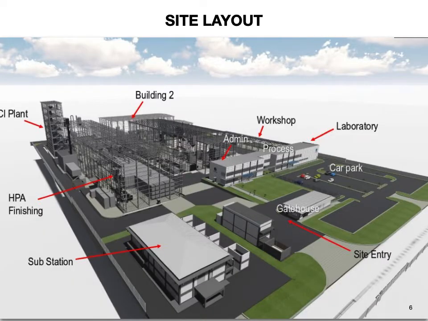So this is the site layout, or we also call it the whole complex layout. A good site layout is to provide a safe and economical flow of material and people around a plant, which is acceptable to workers and neighbors.